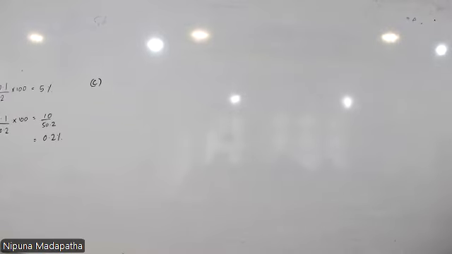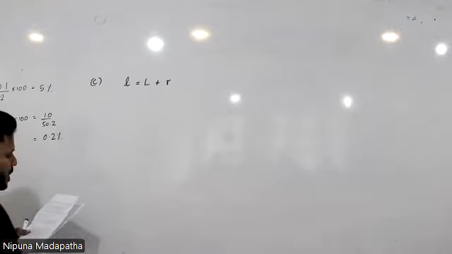Rewrite the expression in part A in terms of L, r, and g. In this case, the total length of the pendulum is equal to the length of the string plus the radius of the sphere. Total length is L plus r.